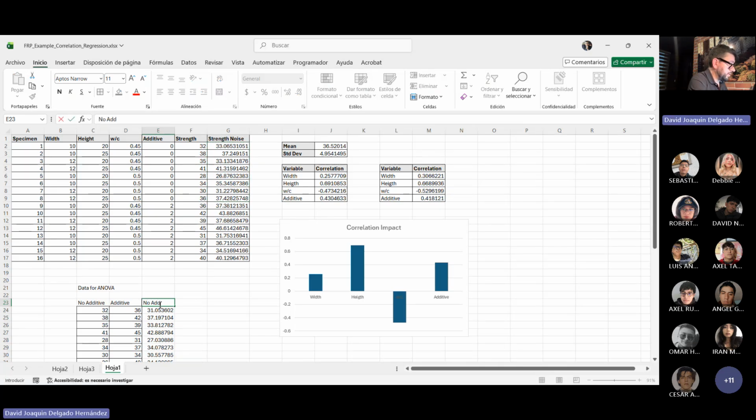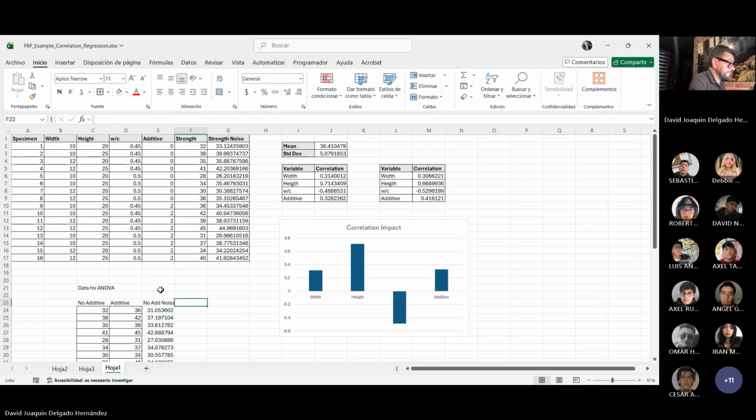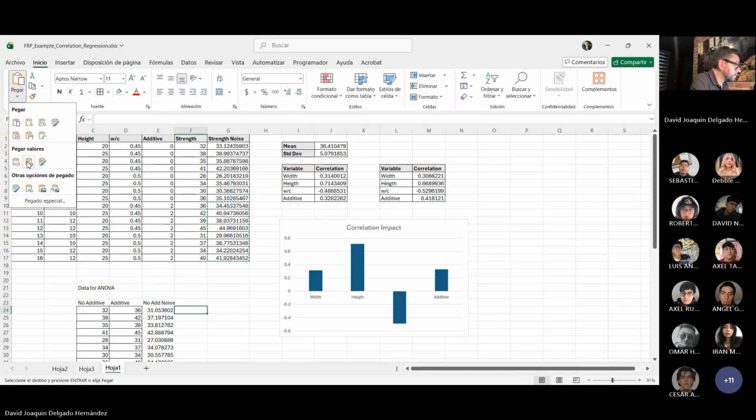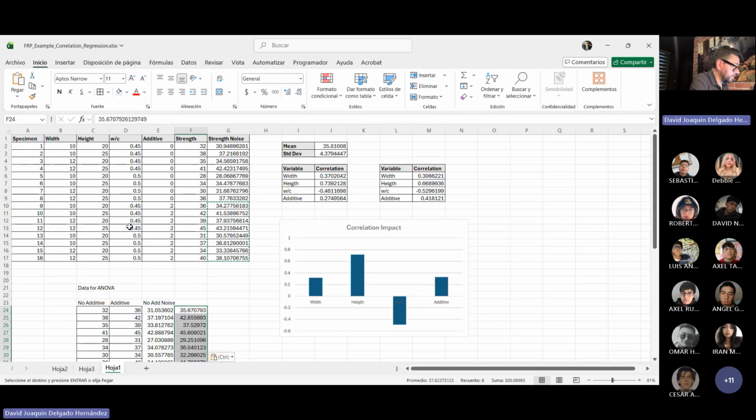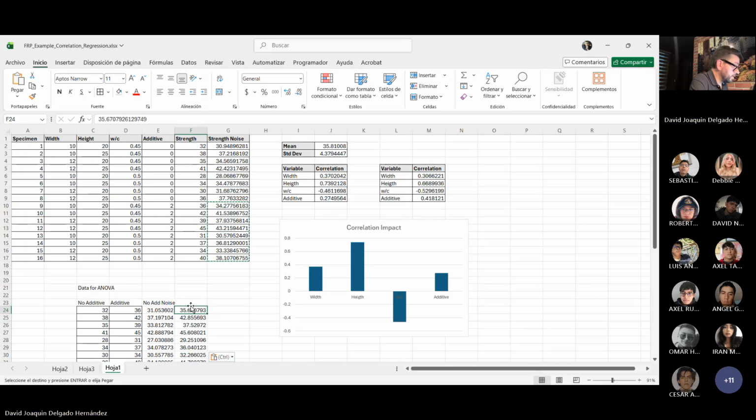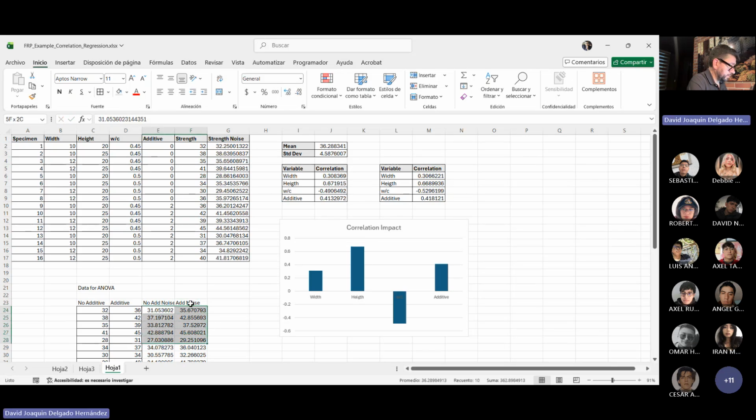No additive with noise. And then I am going to put here just the values. Here. This is additive with noise. Okay, perfect.